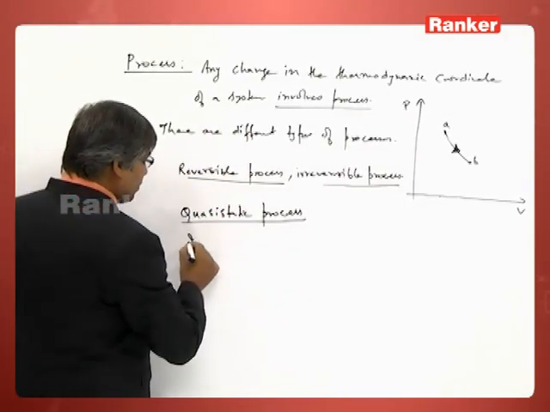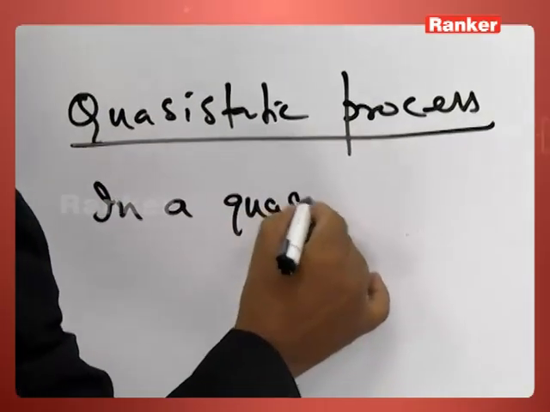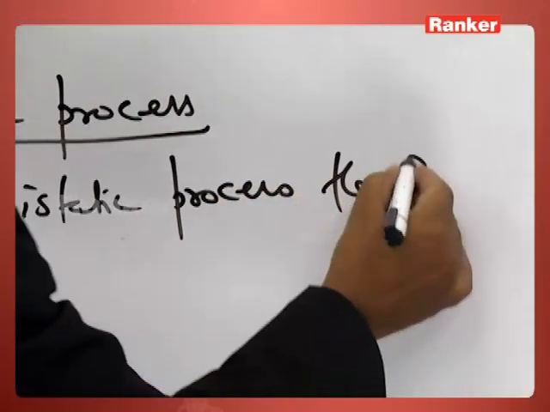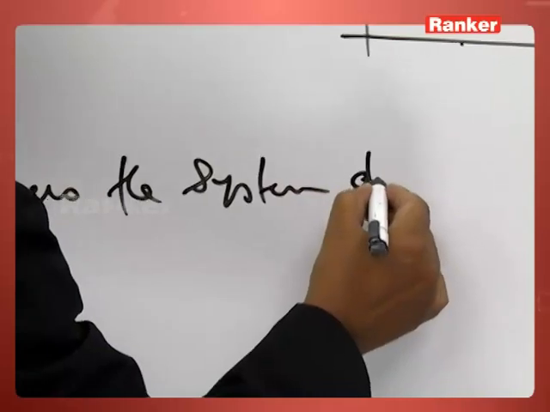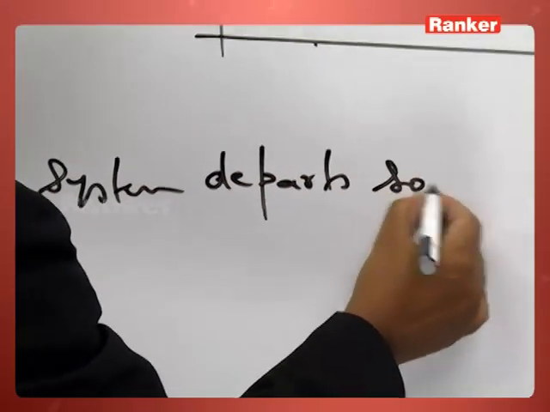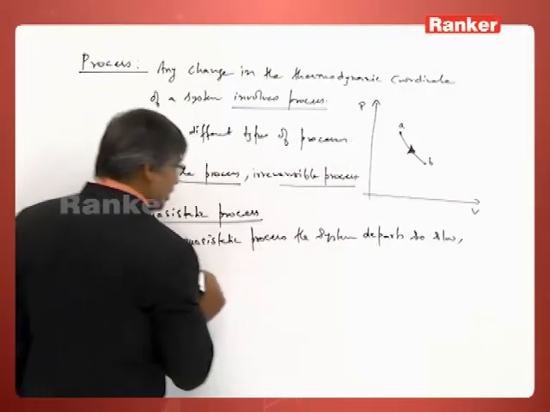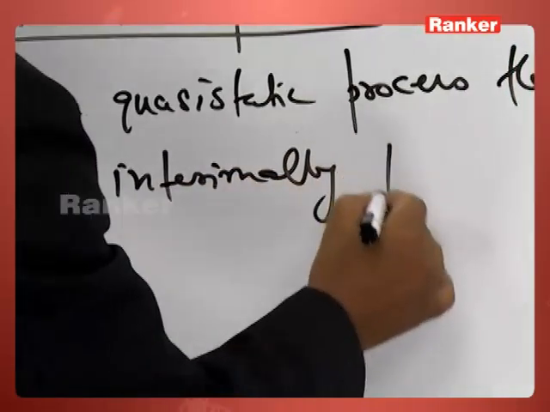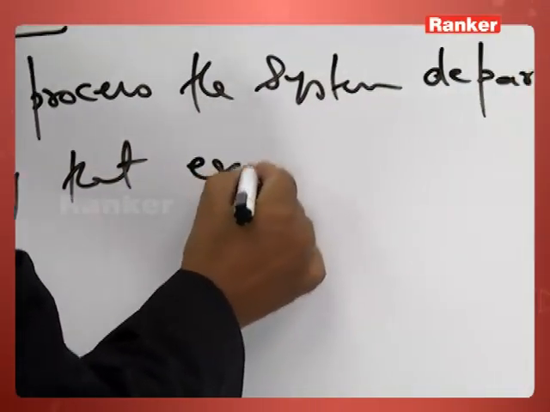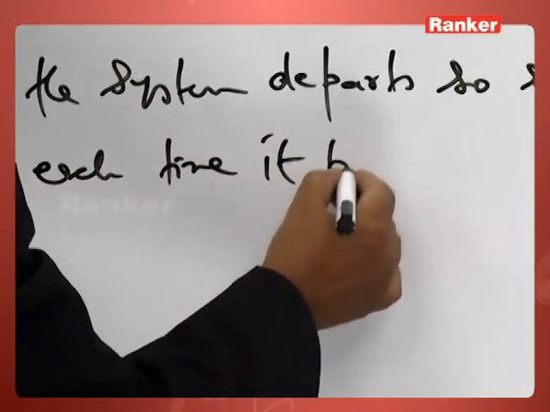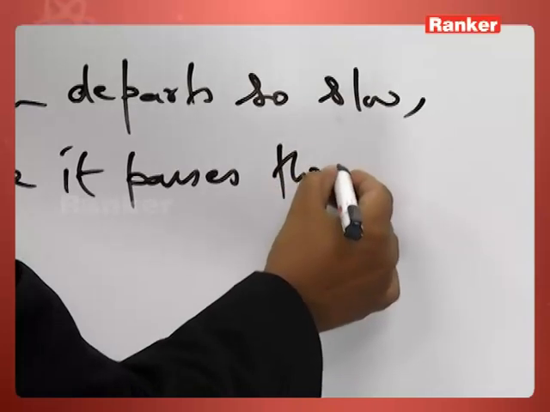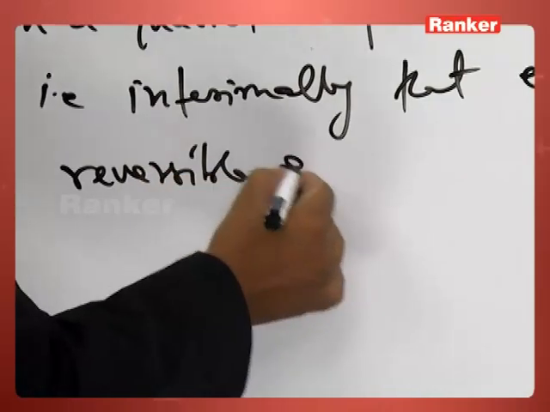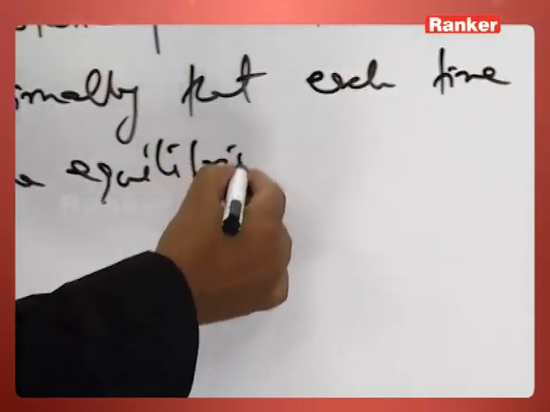So in a quasi-static process, the system departs so slowly, infinitesimally, that each time it passes through a reversible equilibrium state.